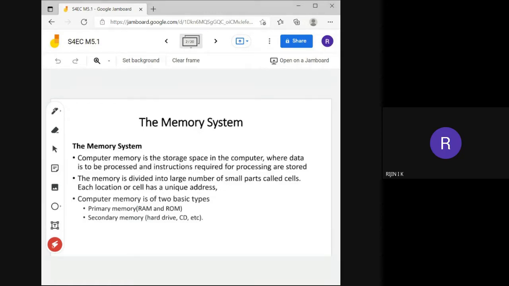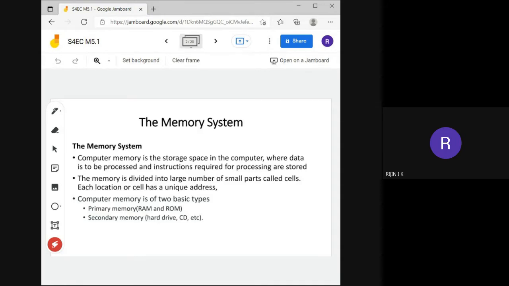Okay, and in computer memory, we can classify memory into two basic types. One we will call primary memory, and another one is secondary memory. These are the main two types of memory present in our computer.